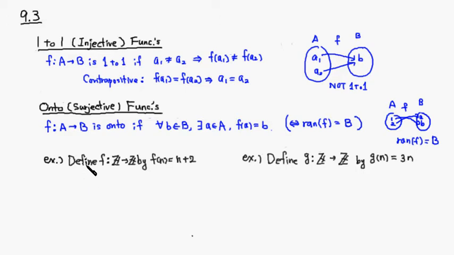And the first one, we're going to define a function from the set of integers to the set of all integers by f of n is equal to n plus 2. All right, let's see if this function is one-to-one. So we start with f of a1 is equal to f of a2.